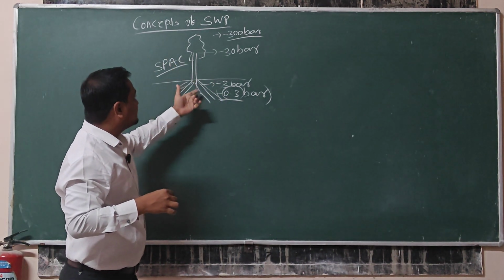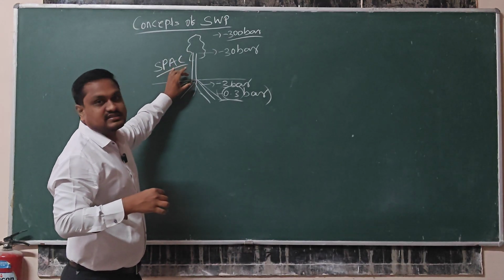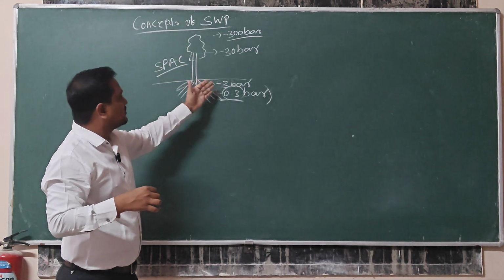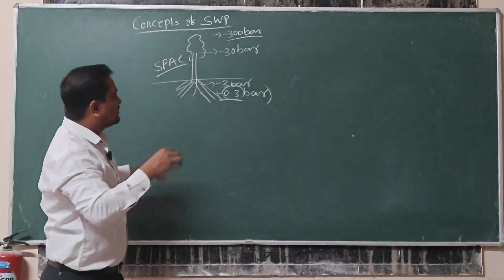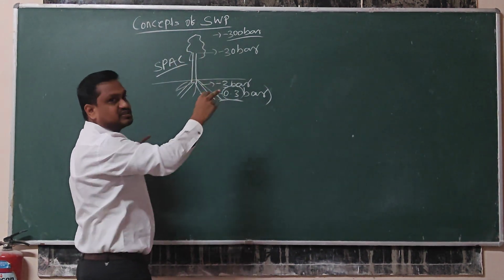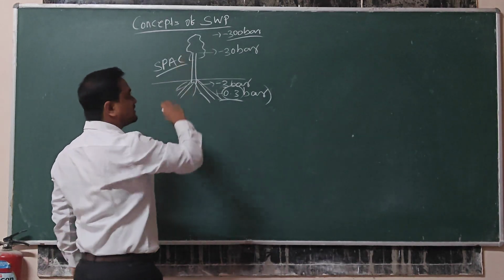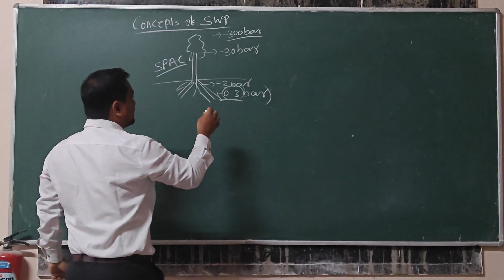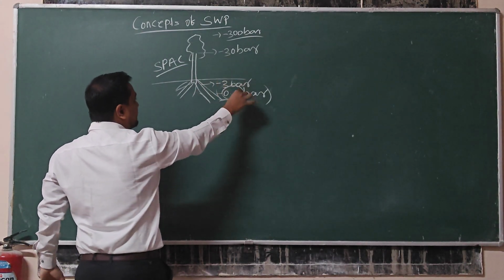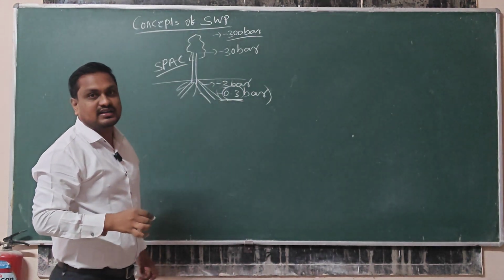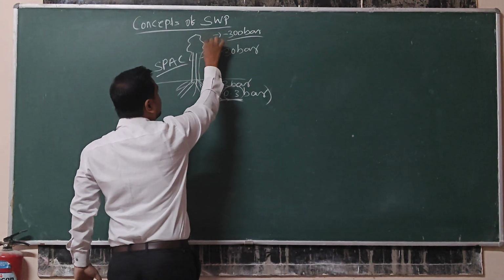As the dry state comes, when the plant needs water to grow, it will take it from the soil. This way, it is a continuous process, the soil plant atmosphere continuum. We will discuss that in detail in further classes. You can see here how the potential is decreasing and how water movement happens this way.